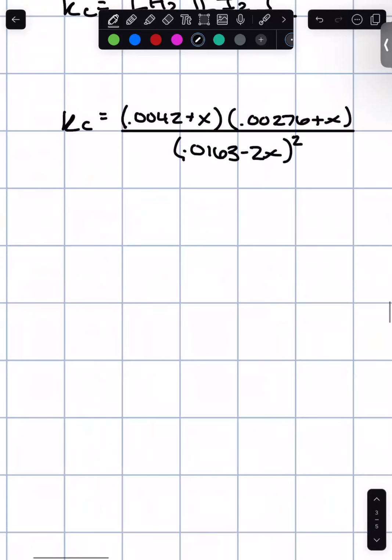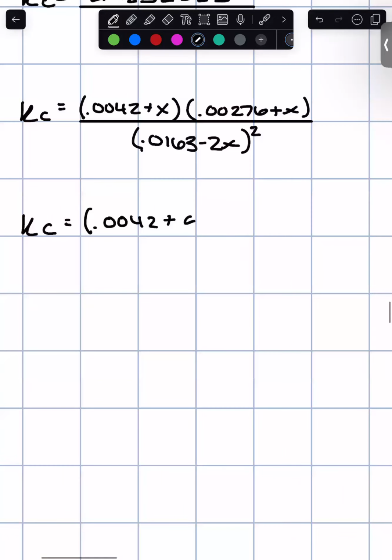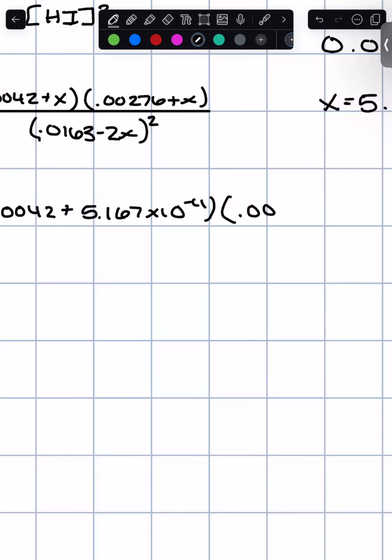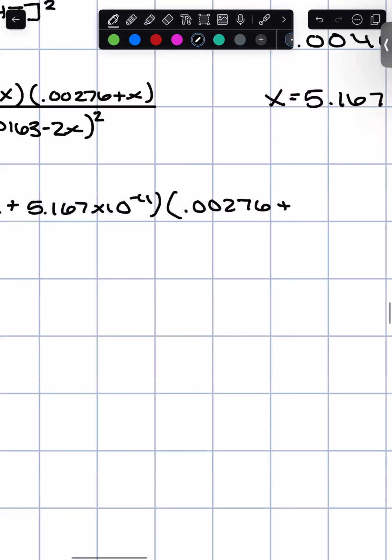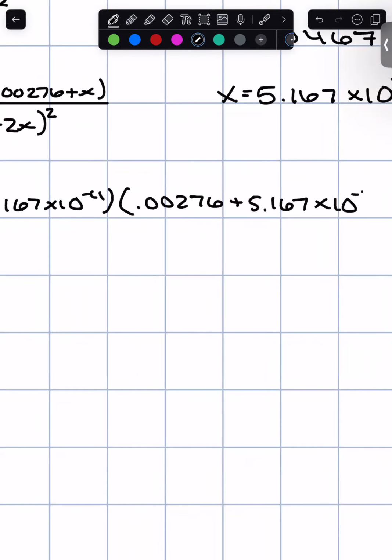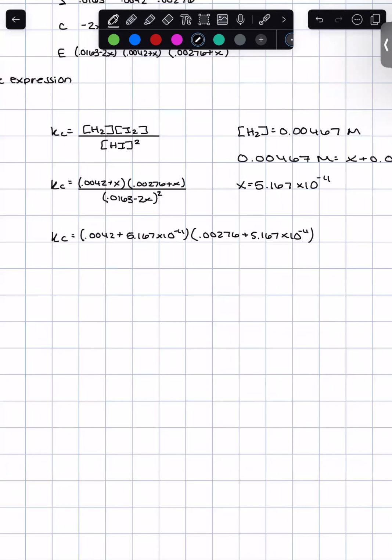So let's solve for Kc. We have 0.0042 plus 5.167 times 10 to the negative 4, times 0.00276 plus 5.167 times 10 to the negative 4, over 0.0163 minus 2 times 5.167 times 10 to the negative 4, and then square all of that. I recommend on the exam that you don't write this all out.